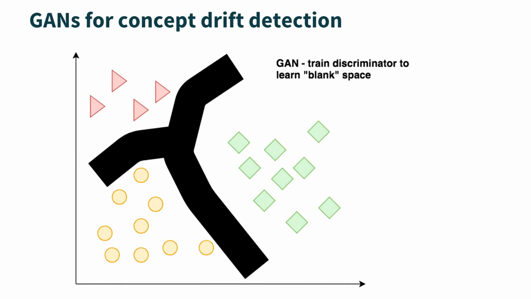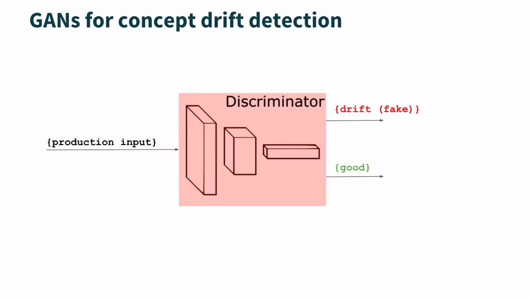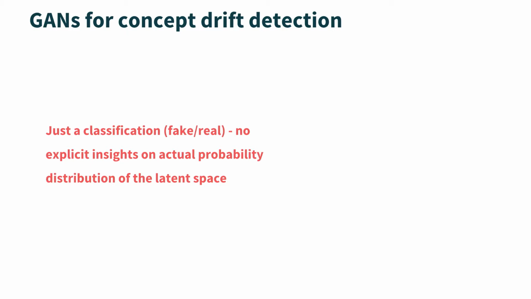This black curve is something the GAN is aware of, and if our prediction hits this black curve, we can say this is something drifted. We can use the discriminator, and the output of the discriminator might be drift or fake data versus good data. Again, we don't have any explicit insight into the actual probability distribution of this latent space.